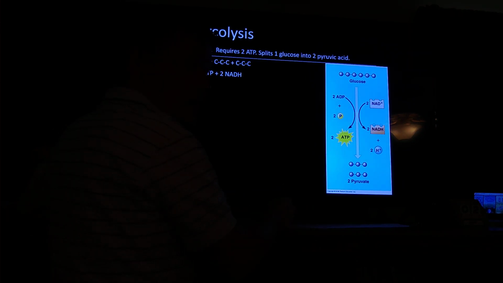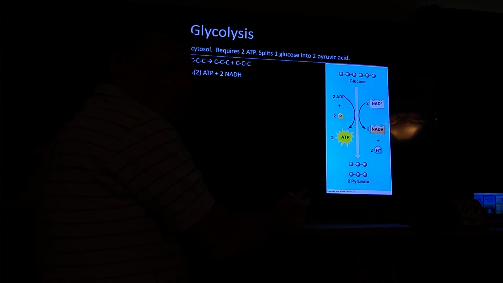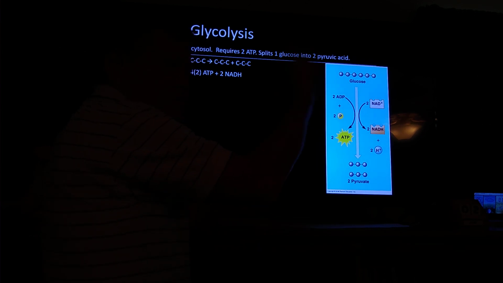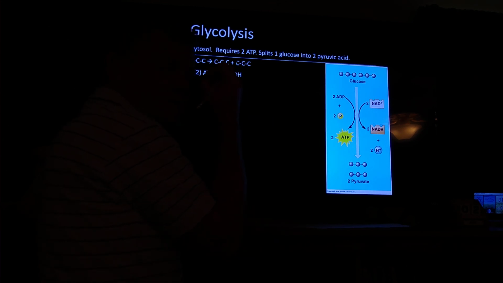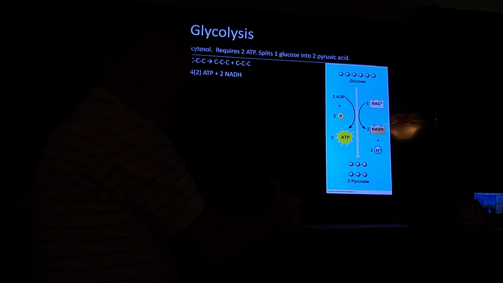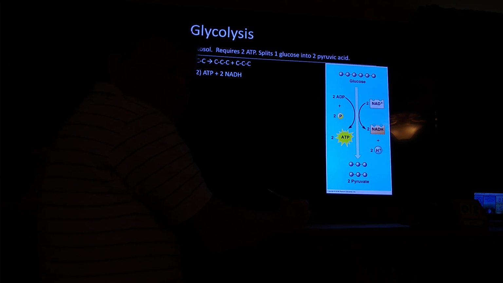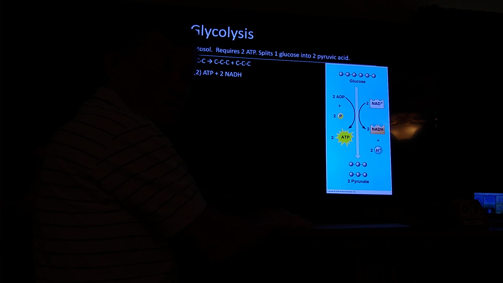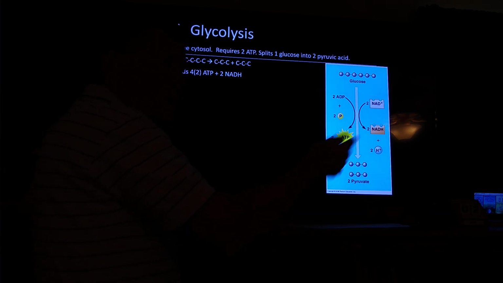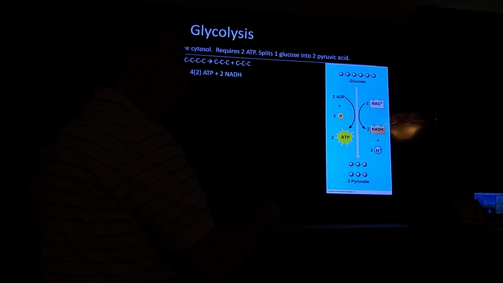And remember, when we talked about organic chemistry, we said you just have to assume that there are oxygens and hydrogens attached to it. Don't worry about specifically where they are. Just understand that they're there and that we're going to use them. We're going to pull them off and use them, okay?